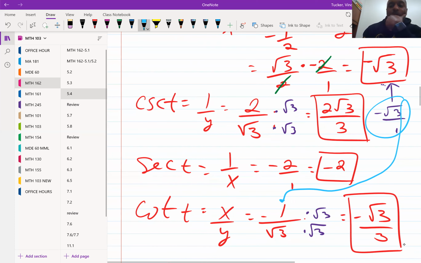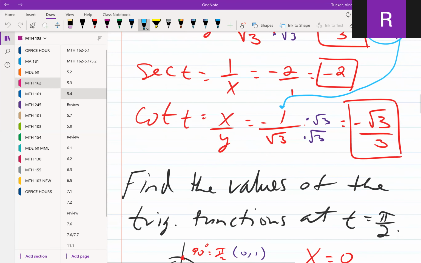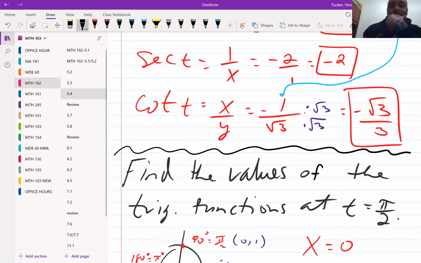All right, let's scroll up. So the next one, find the values of the trig functions at t equal to pi over 2.